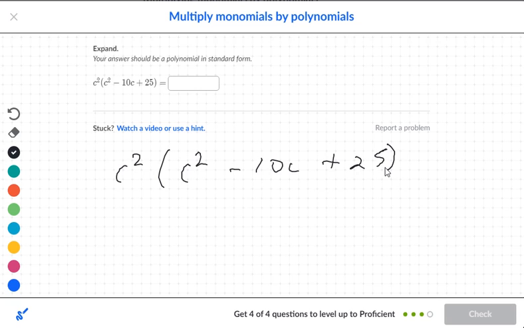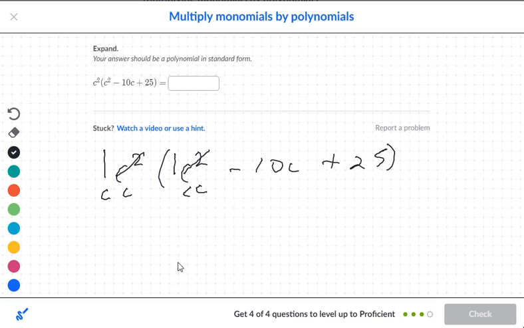What's inside parentheses, the c to the second minus 10c plus 25, is a trinomial. Okay, so we're going to go ahead and take the c to the second. There is no number there, so put a 1 here and put a 1 here. This c to the second, you can write this as 2 c's.